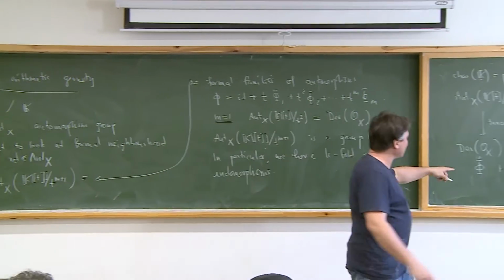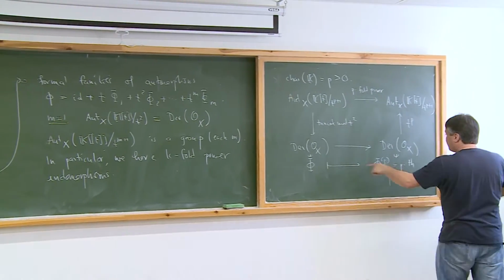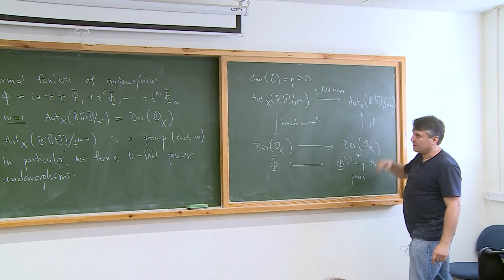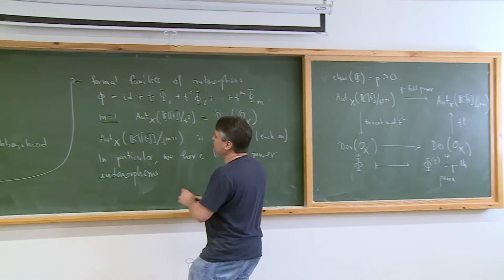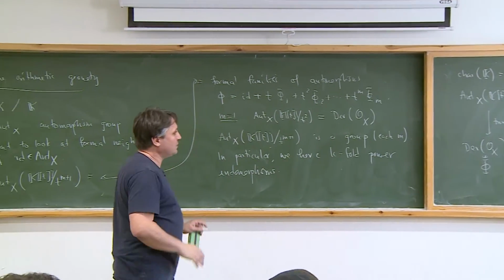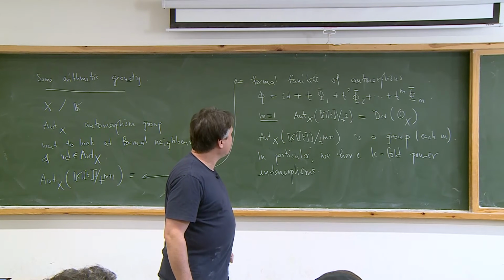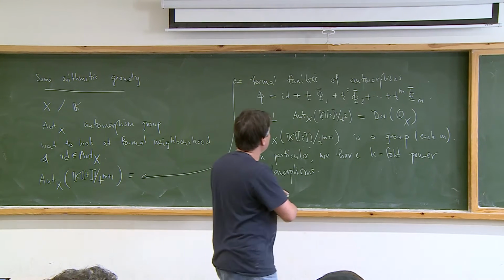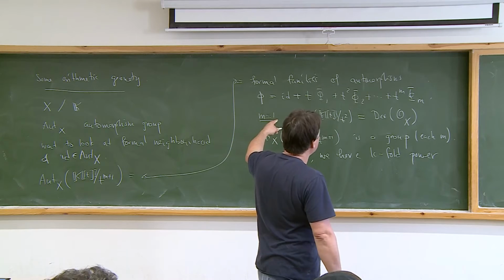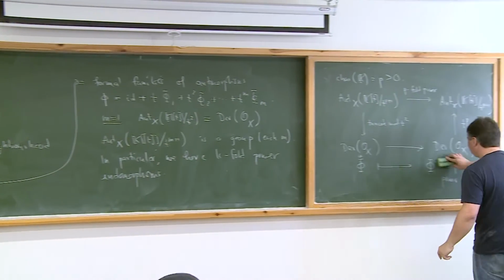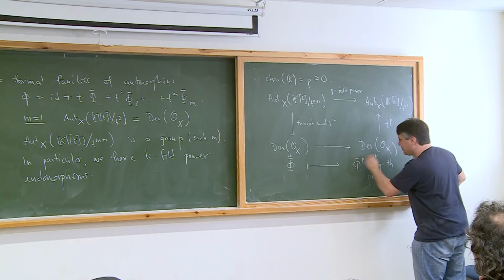And this is this one here. So this part here, this is the pth power operation. This is the part that's actually the simplest to understand. So let me give you an example. In the formula, if you take id plus t phi_1 plus whatever, you will get, after this, id plus t to the p times the Frobenius image of phi_1 to the p. I don't know what to say about this. Let me call this the p-th power. This is not, people always say restricted.